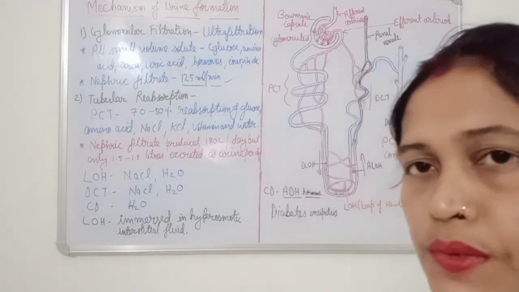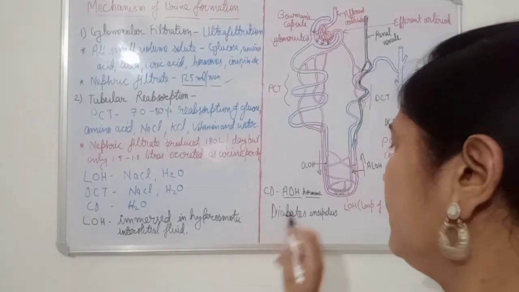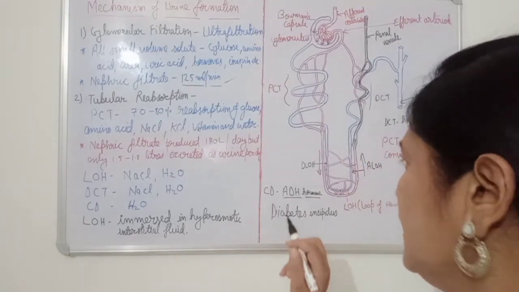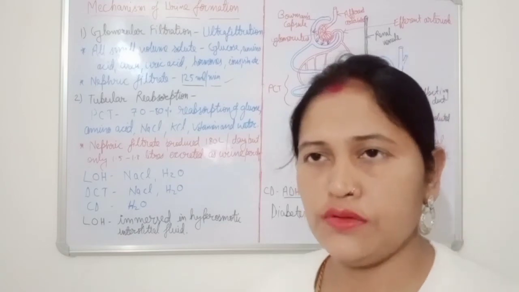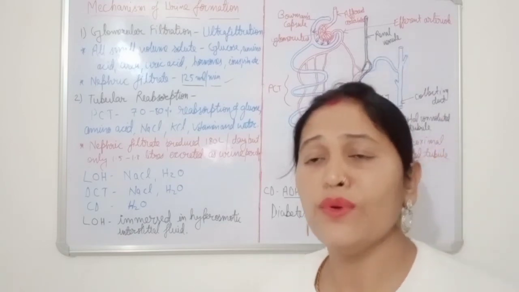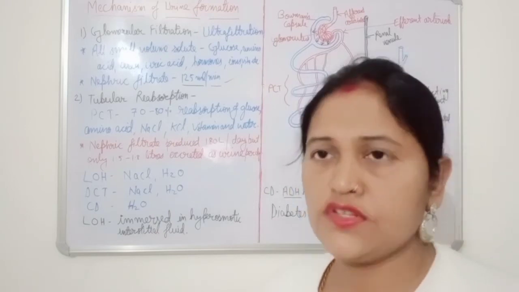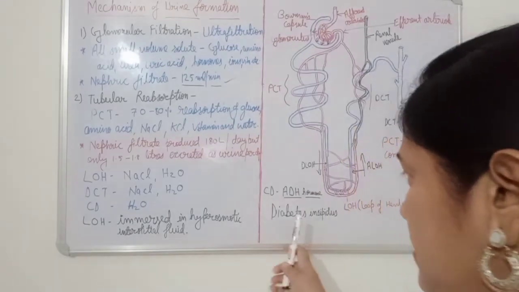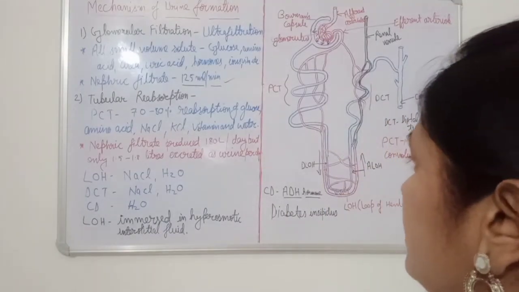Due to deficiency of ADH hormone, diabetes insipidus is caused. Such a person will feel urination frequently, at frequent intervals, and excessive, more diluted urine is excreted. So this is deficiency of ADH hormone. Now I think all of you have understood.